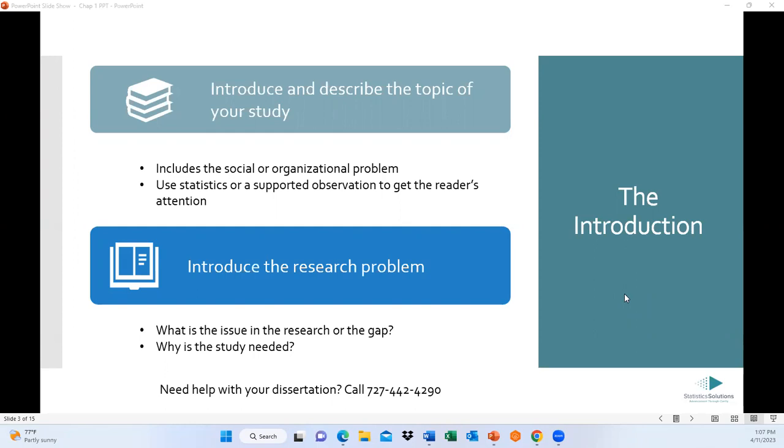So you want to start off with what the problem is, right? Include the social or organizational problem. Use some kind of statistics or even a supported source, a citation, to get the reader's attention, to show the scope of the problem. If it's declining grades, then use some evidence to show those declining grades and whatever population you're talking about.